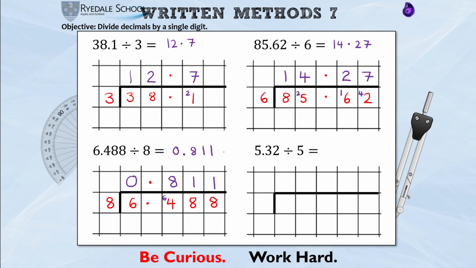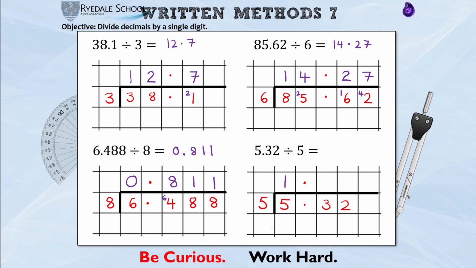For the final example, I thought I'd try something a little bit harder. Okay, let's see what happens with 5.32 divided by 5. Line up your decimal point. How many 5s are in 5?